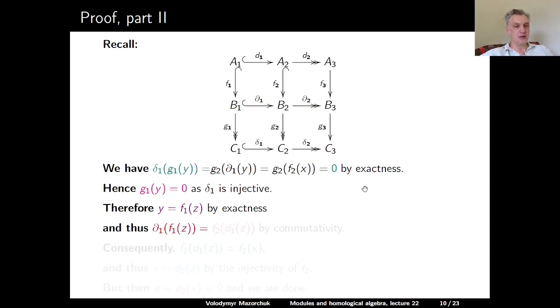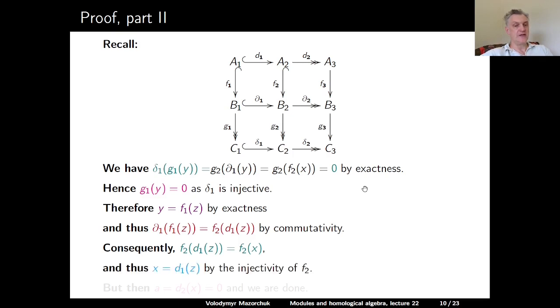So applying partial 1 to f1 of z, we have the same as we get when we apply f2 to d1 of z. So this is due to the commutativity of our diagram. Consequently, f2 applied to d1 of z is equal to f2 of x. And thus, x is equal to d1 of z because f2 is an injective map.